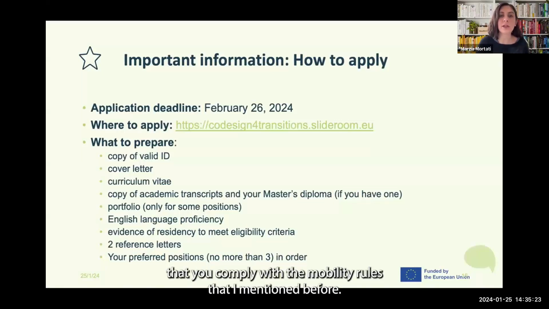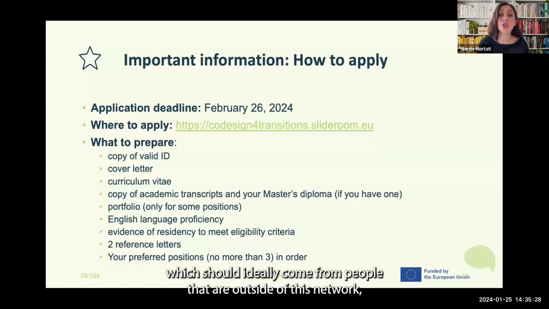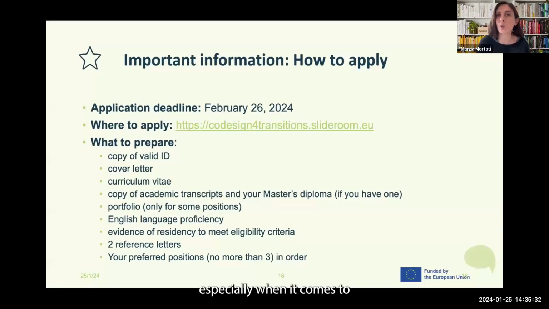We also ask for 2 reference letters, which should ideally come from people that are outside of this network, especially when it comes to the professors that are involved in the selection panels, and therefore the lead supervisor and the co-supervisor of each of the 13 positions. And then we are also asking you to signal to us what are the positions that you are applying for.